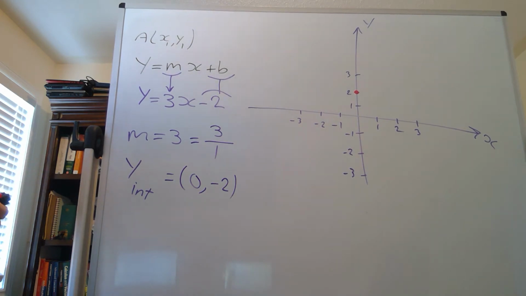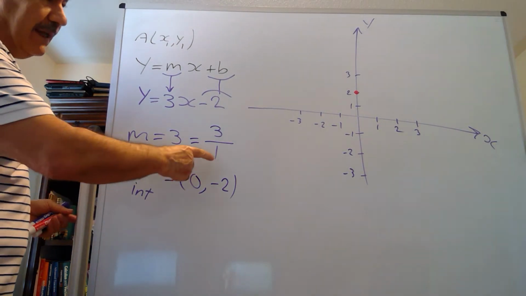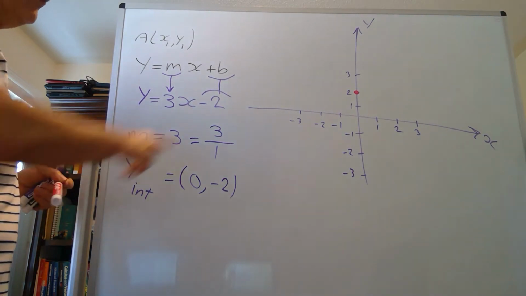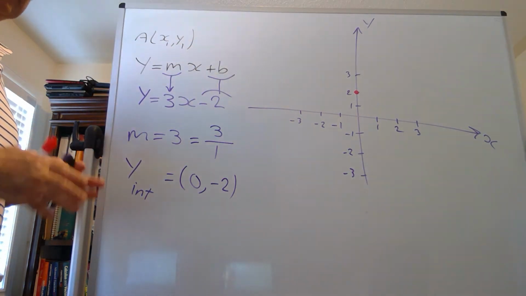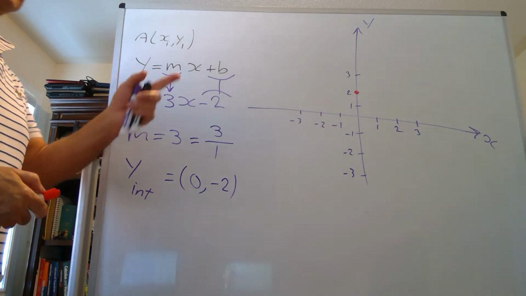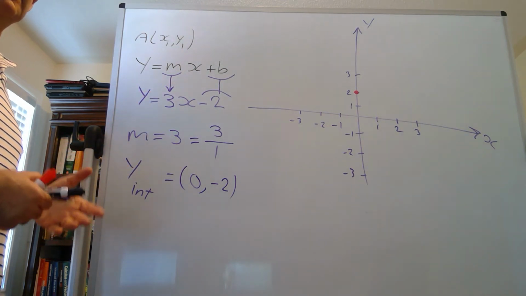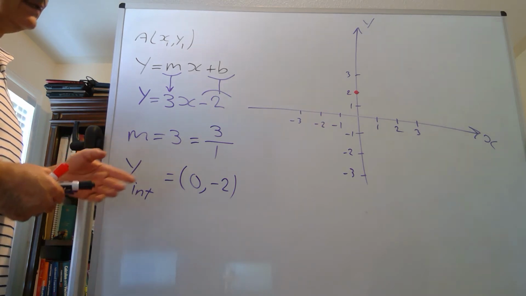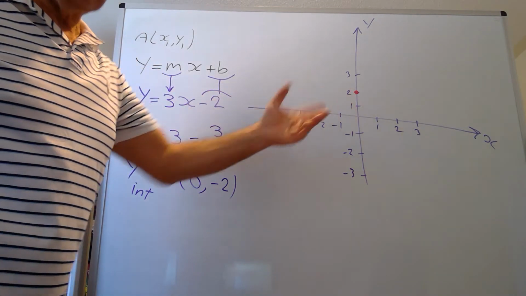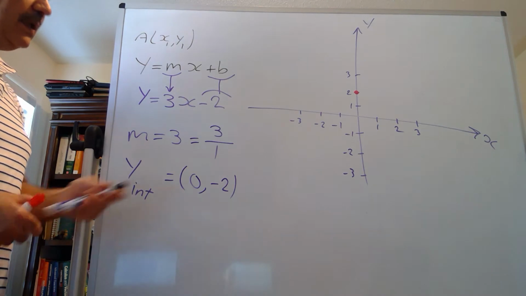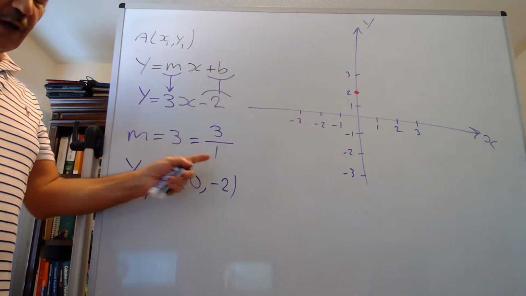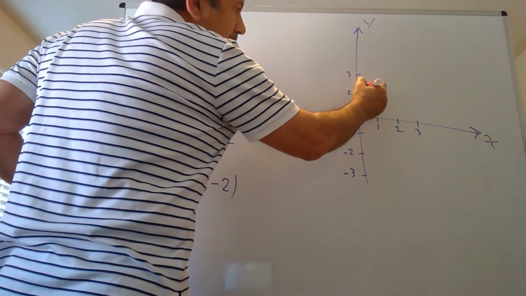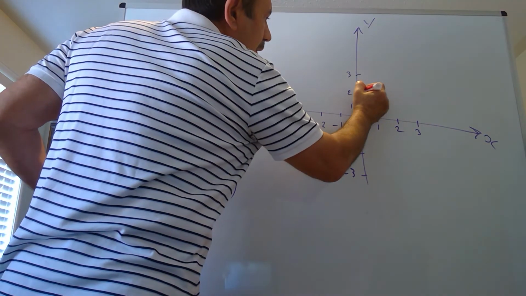For the next point, for every one run, if I start from the y-intercept, from this point, remember we need to start from a point that we know is on the line that we are going to graph, and we know that this point is on the line because it's the y-intercept. Starting from this point, 1 unit run, it means from here I run 1 unit.